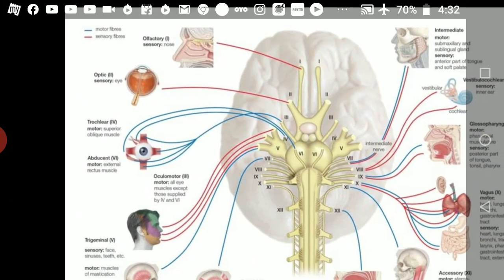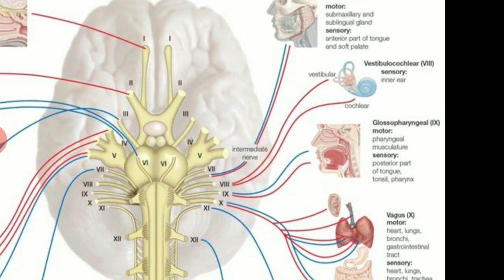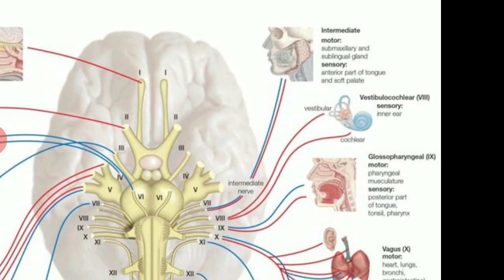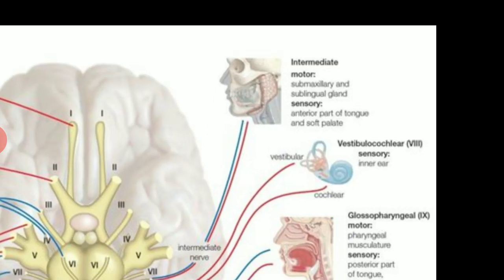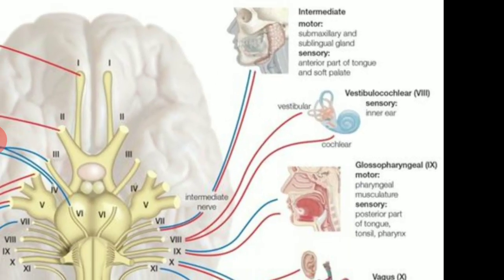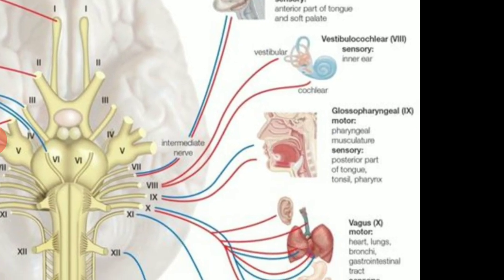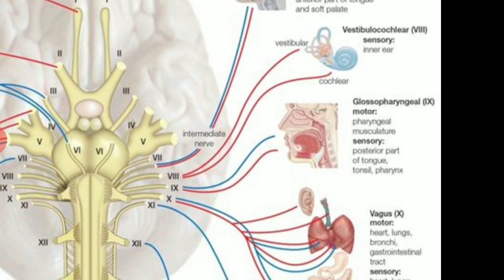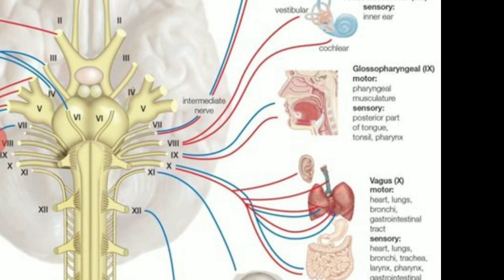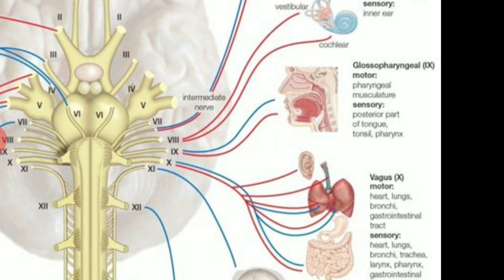Then vestibulocochlear, 8th cranial nerve for hearing. Then glossopharyngeal, 9th cranial nerve. Motor part supplies pharynx, sensory part, tongue, tonsil and pharynx.